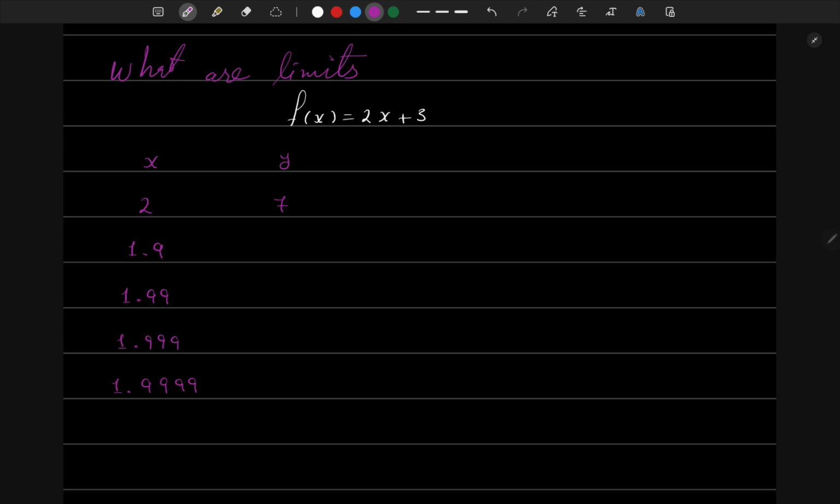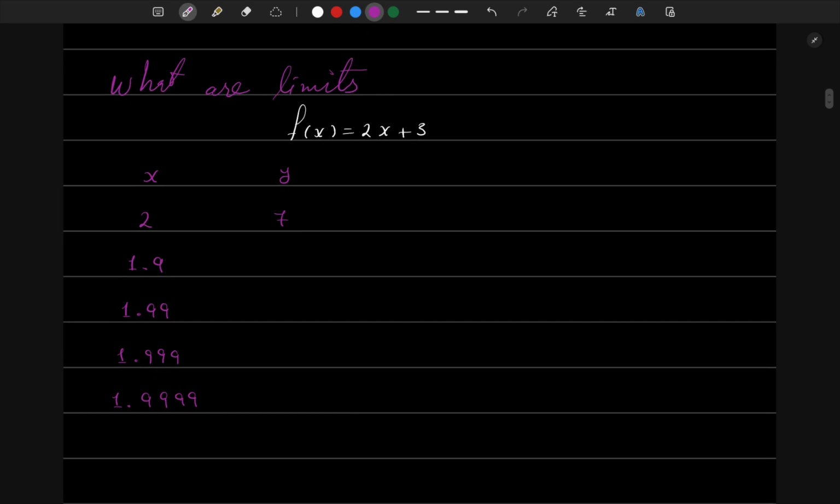Well, I can continue like this forever. As long as I keep adding nines, I'm just going to get a value that is closer to 2, but not actually 2, because there is an infinite number of values between 1 and 2.